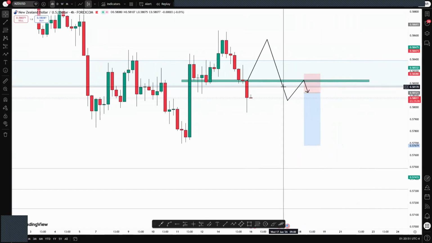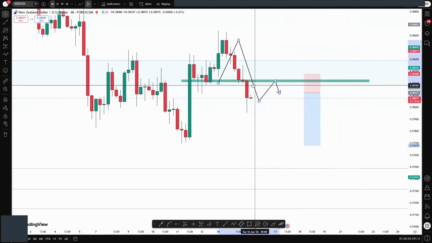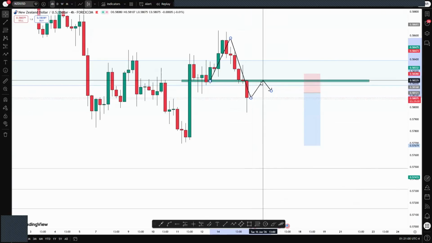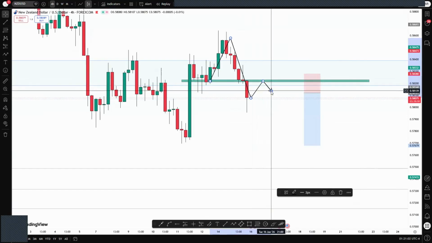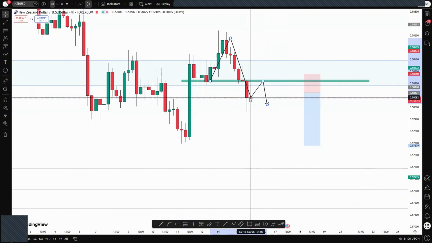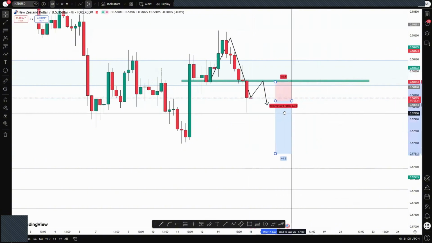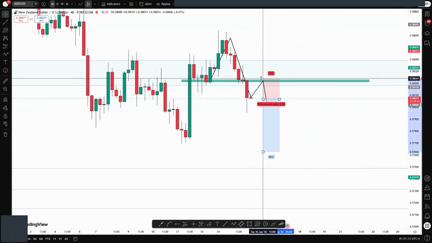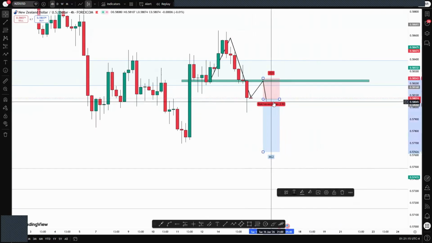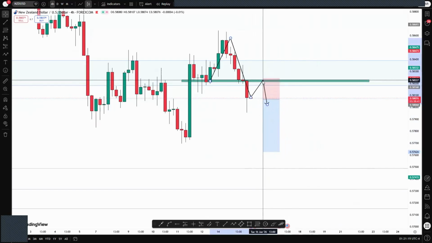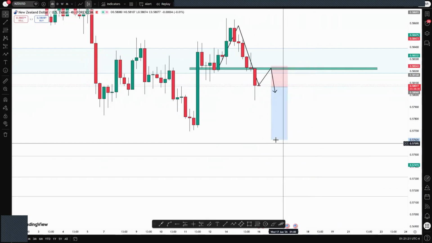So selling in this way becomes tricky. How? If I want to sell, then I should wait for price to retest at this point, and then the engulfing to be way below this level here, the lower low. You see? So that if I enter here, if price breaks above this lower high, price will go bullish, you see?